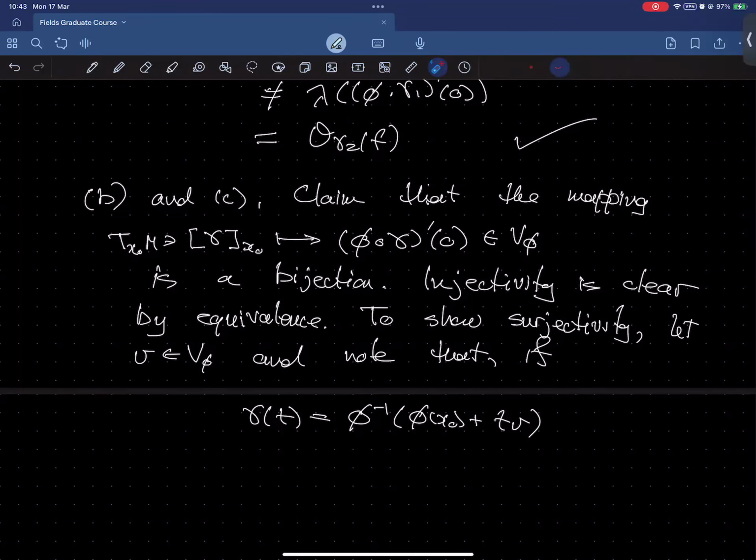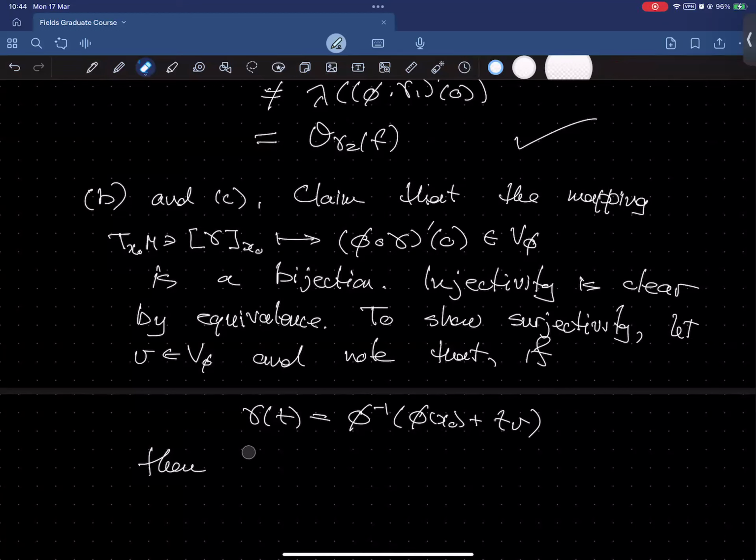Okay. So what am I doing here? I'm taking the curve which passes through phi of x naught at time 0 in the direction of v. So this is like a straight line curve. Okay, and this curve is in V phi. And then I'm just taking its mapping under the inverse of the chart domain to give me a curve gamma.